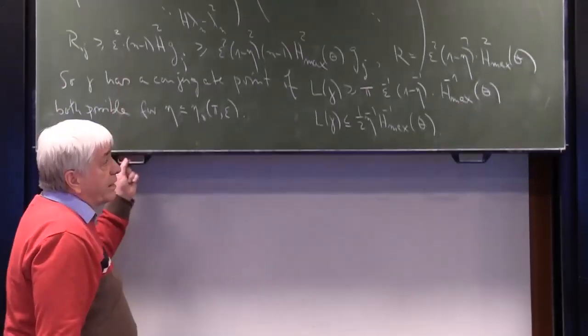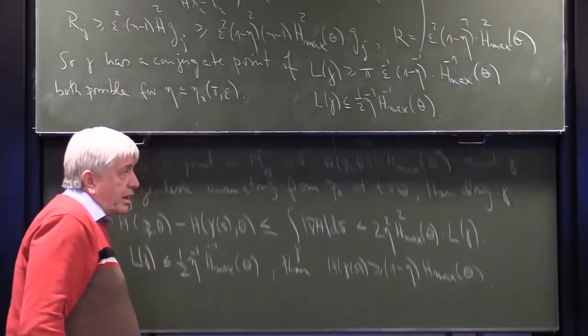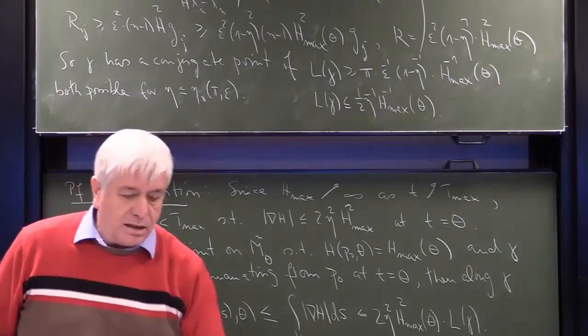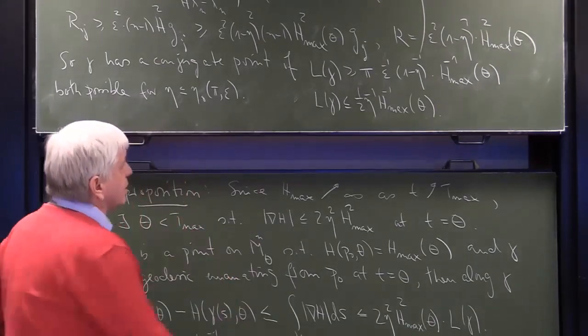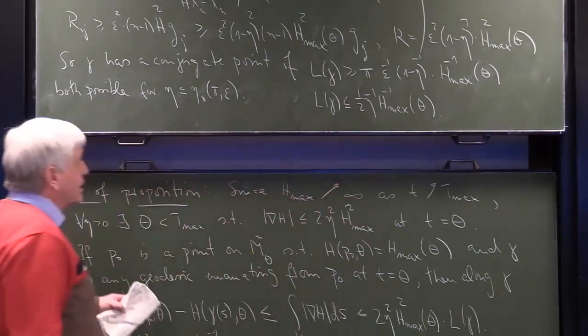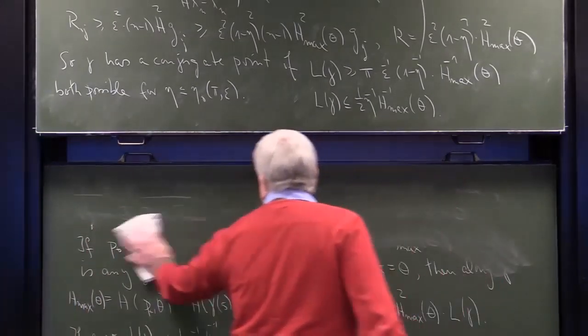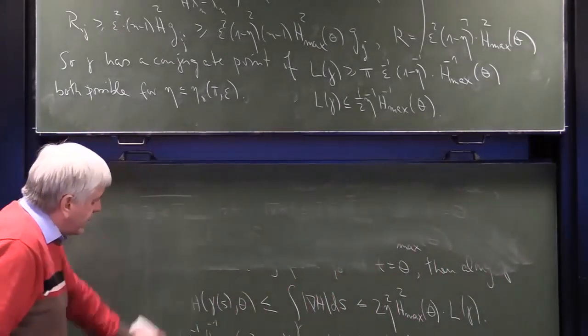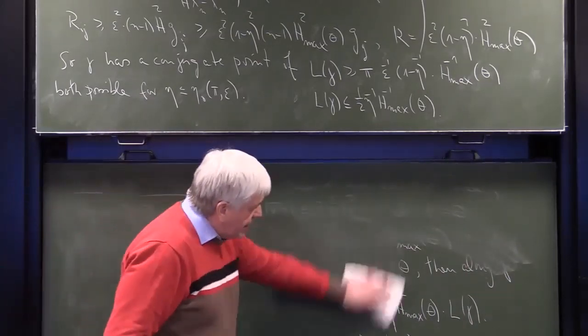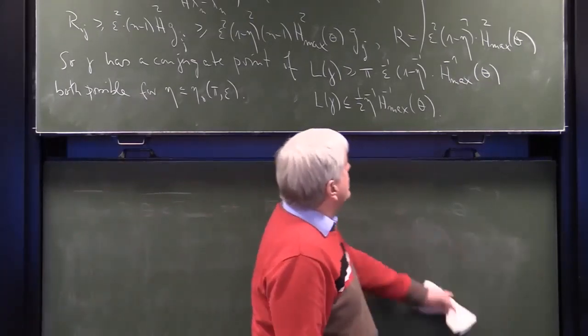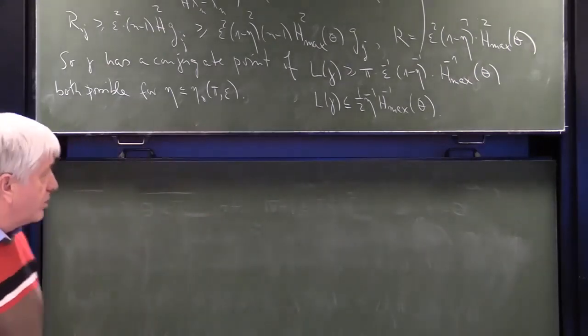And therefore we get an estimate on the diameter of the manifold, and we get at the same time that the minimum of h also has to satisfy our inequality.